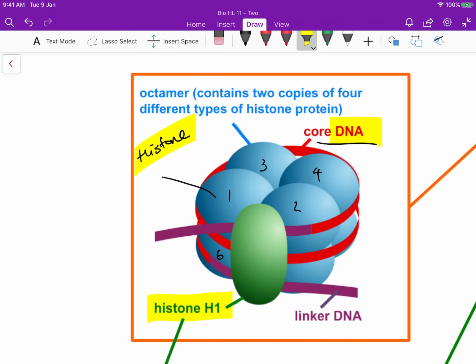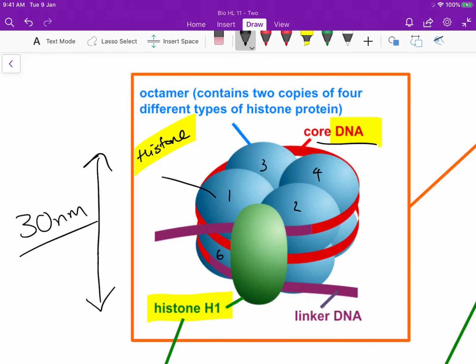And so what this creates is a fibre that is wider. And the whole diameter of this is 30 nanometers. So this is what's called the 30 nanometer fibre.